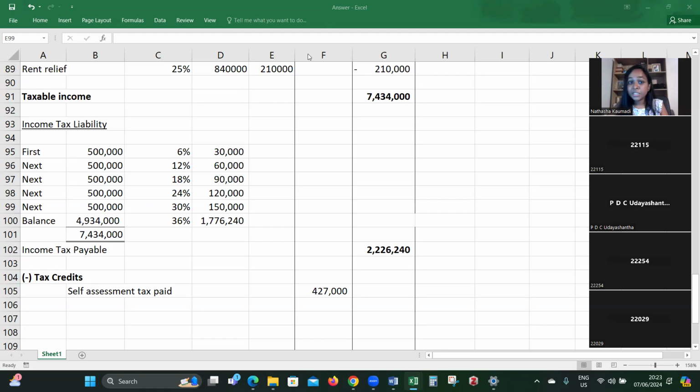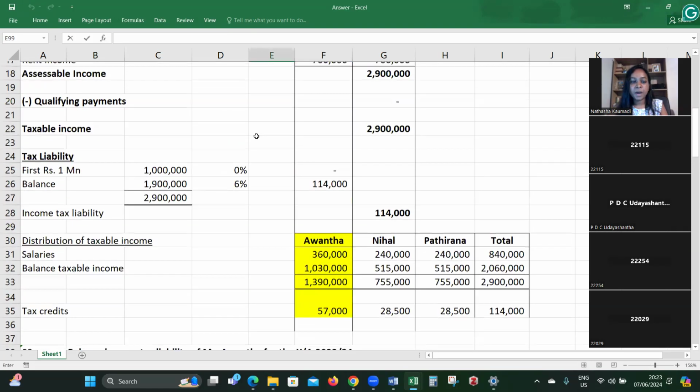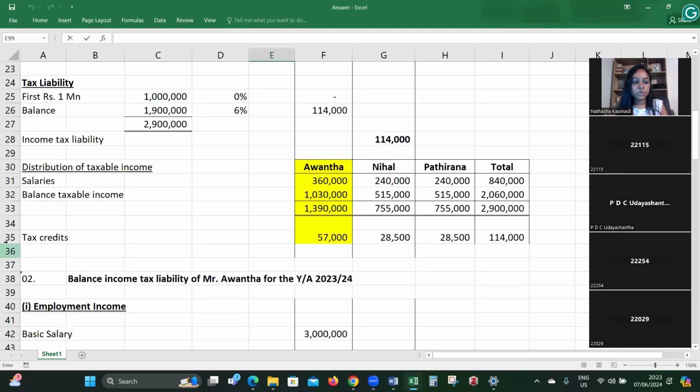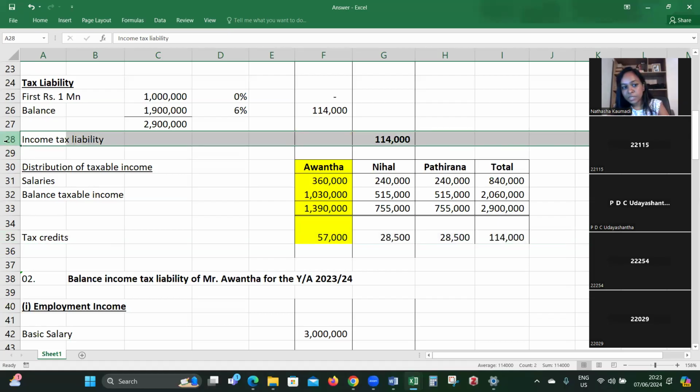Exactly. Partnership tax credit. Can you remember when we were doing this partnership taxation, we showed in this working the tax credits available. I told you when partnership taxes are paid, we can claim those amounts when calculating the individual income tax liability. In the partnership, they have paid 114,000 partnership income tax.